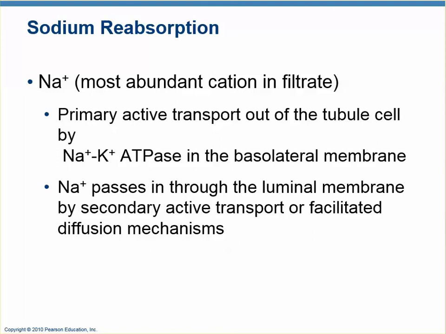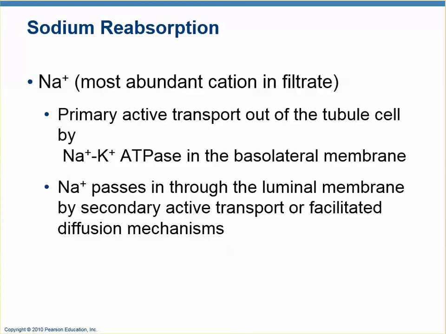Really, the most important thing here of reabsorption is the reabsorption of sodium. It's by far the most abundant ion, cation, in the blood plasma and therefore in the filtrate. It's done with an ATPase pump, a sodium-potassium pump, and it's primary active transport. What happens, though, is that the sodium-potassium pump isn't on the luminal side of the cells.